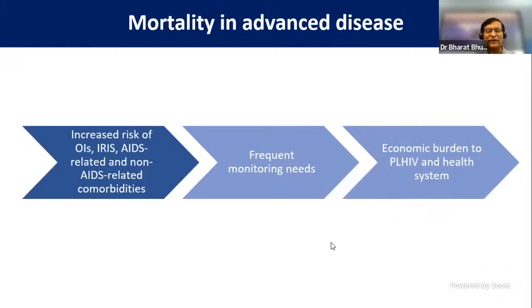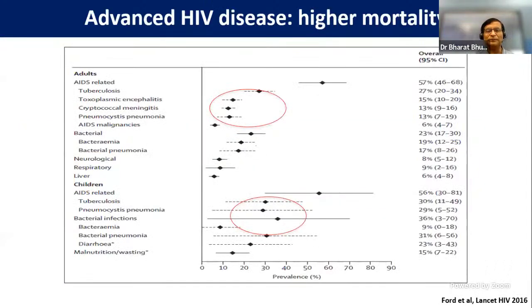These people require frequent monitoring, and that becomes an additional burden to the health system if they have to be hospitalized again and again, or if they have to visit the ART center more frequently. So by identifying people with advanced HIV disease, we can focus on them in a more focused way, to reduce mortality among them.